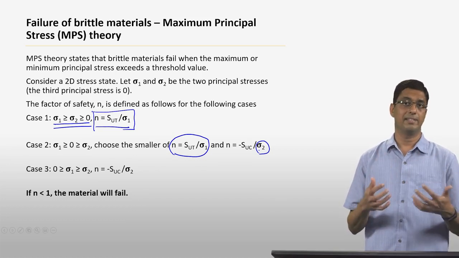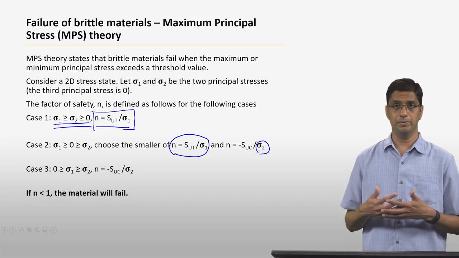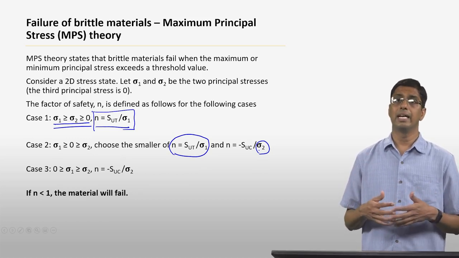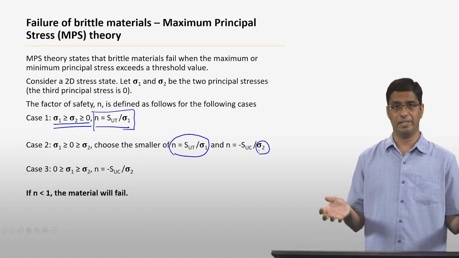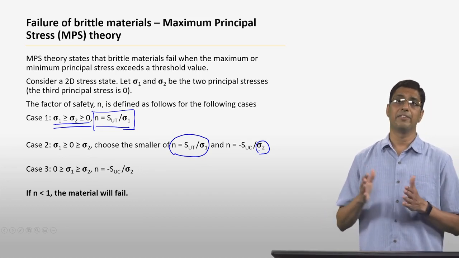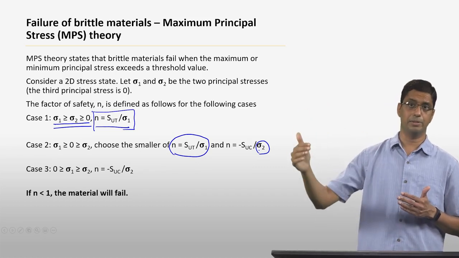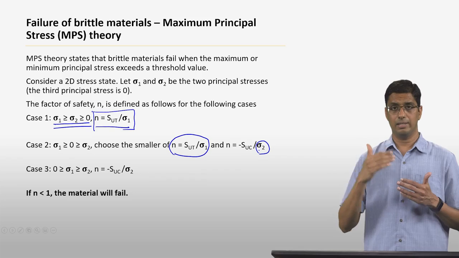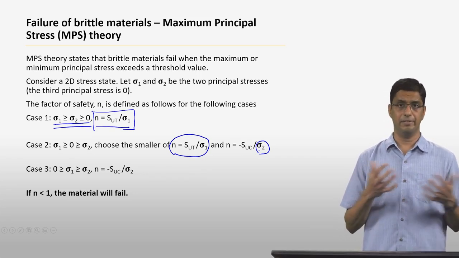Or if it has a sigma 2 which is negative, and if that sigma 2, the second principal stress, is larger in magnitude than SUC, then the material will fail. So essentially, if the tensile principal stress exceeds a threshold, or the compressive principal stress exceeds a threshold, which is SUC, then the material fails.